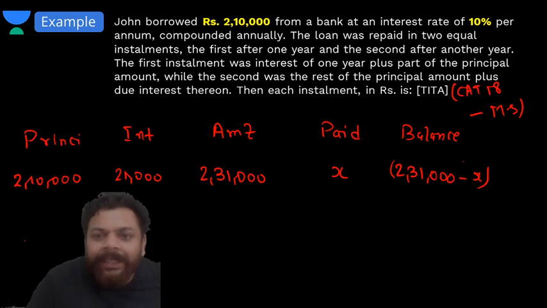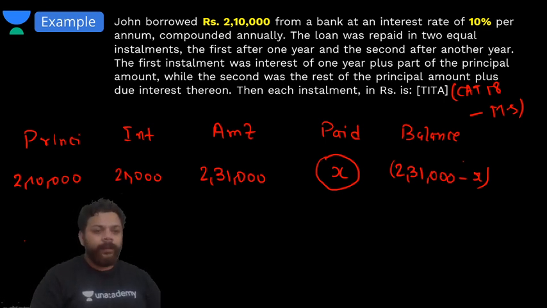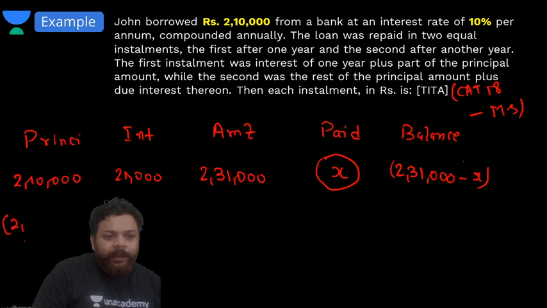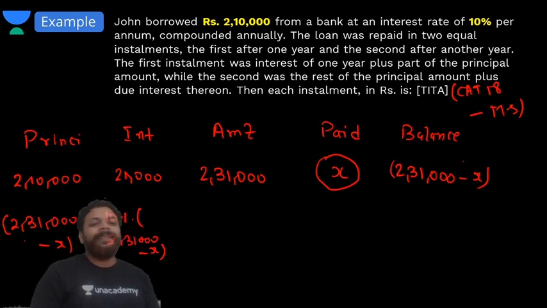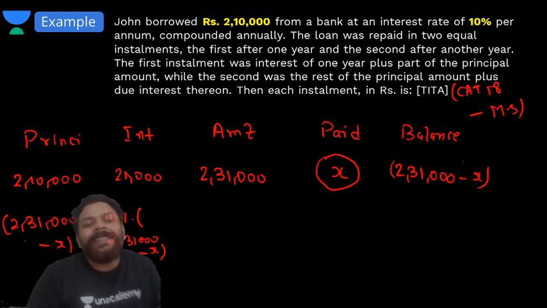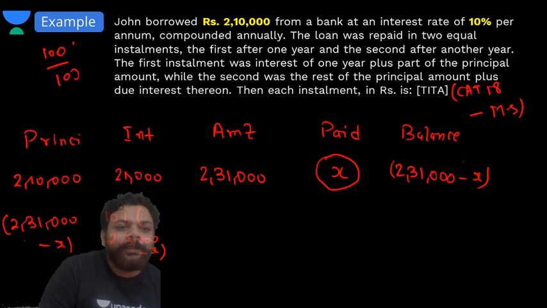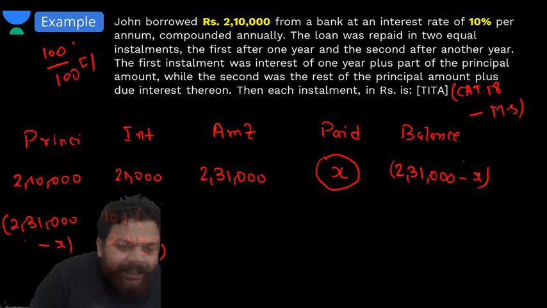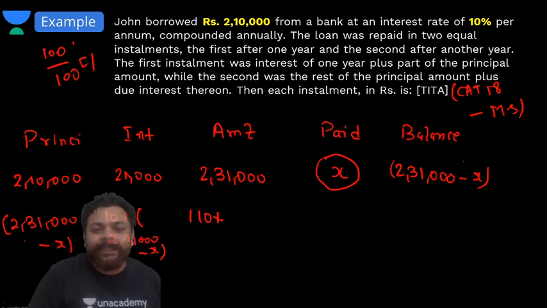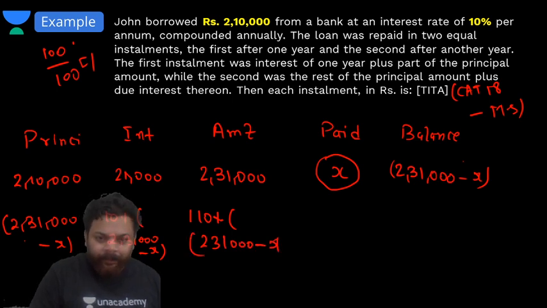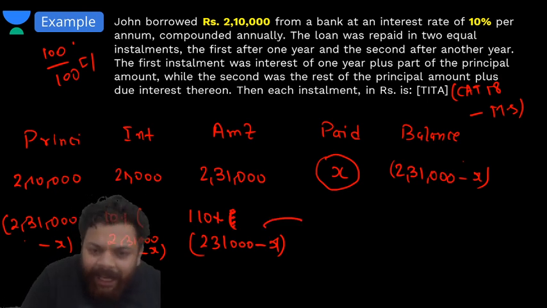Now this much value is left and I am paying EMI of X rupees. So for the next year, my principal value will be 2,31,000 minus X. We need to pay 10% of 2,31,000 minus X. Since 2,31,000 minus X is nothing but 100%, and this is 10% of the same value, if I add these two, it must be 110% of 2,31,000 minus X, and that is the same amount that we need to pay.